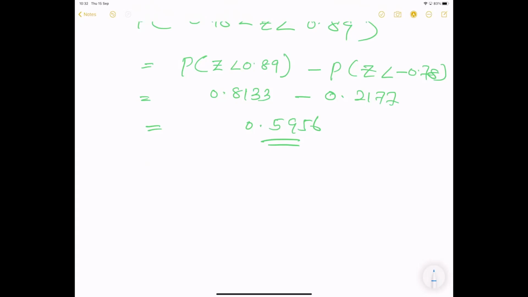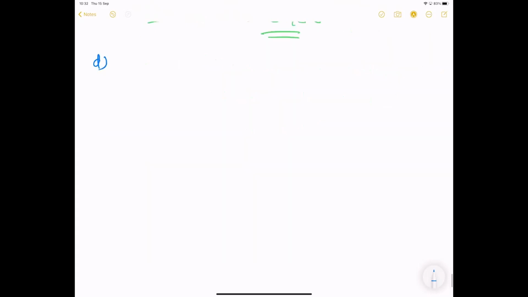In the first parts of that question, what is the X? X is the pregnancy of human. Therefore, they have given the probability as 10%. So part D, probability they have given as 0.1 or the 10%. Now we want to find the value of X. We have standard normal.